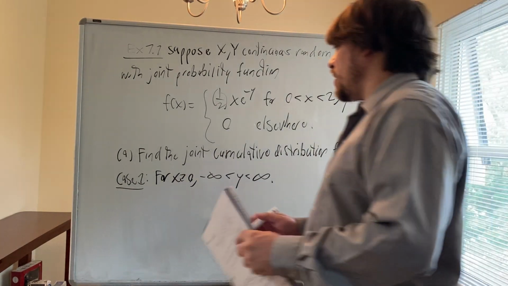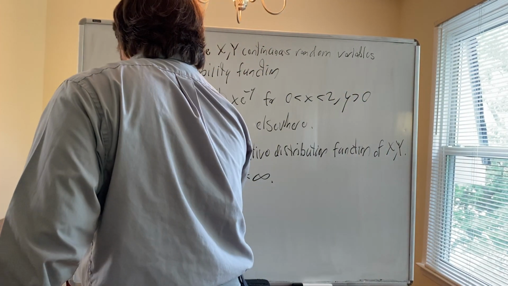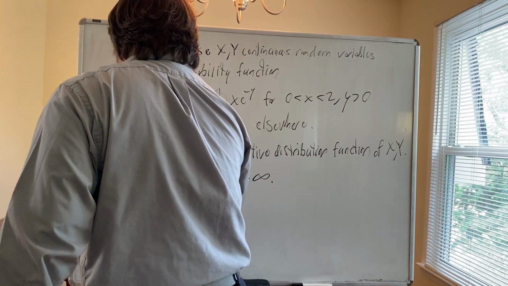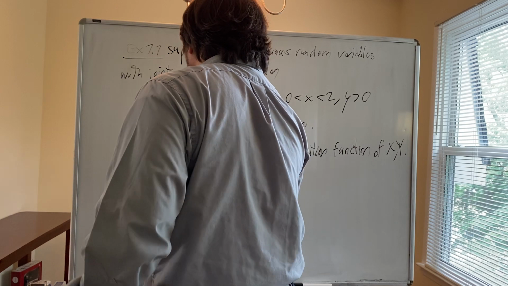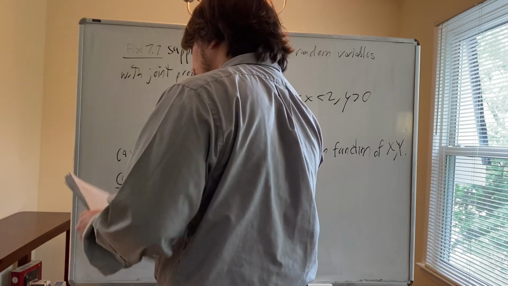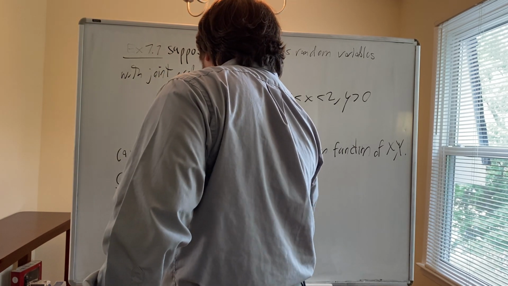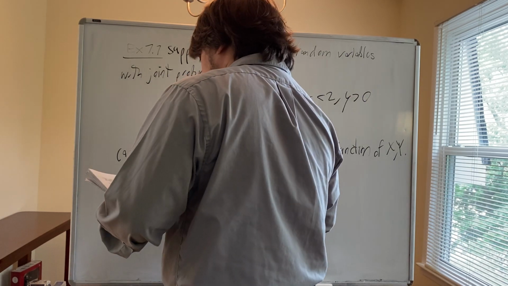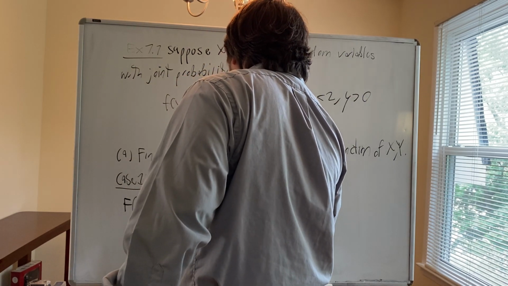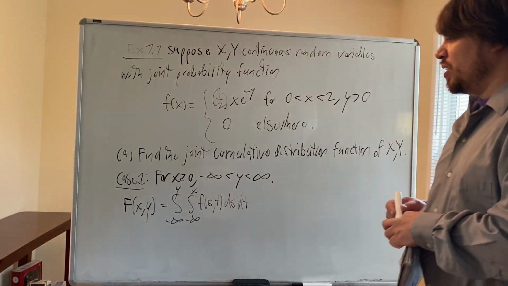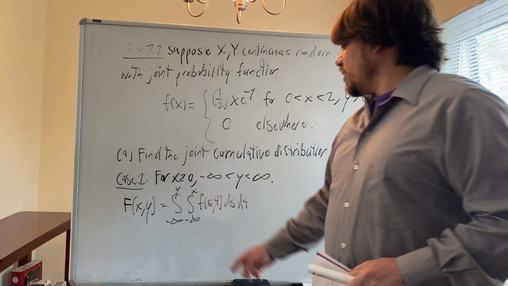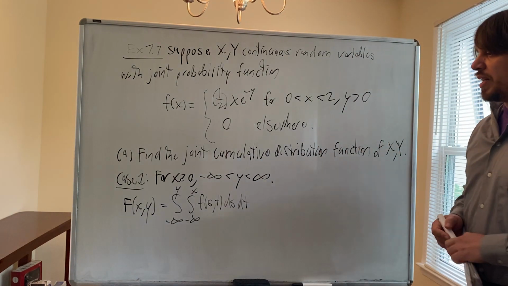So let's find the joint cumulative distribution function of x and y for these x and y. Capital F of x comma y, by the definition, is equal to the integral from negative infinity to y, negative infinity to x, of little f of s comma t ds dt. Here s is a dummy variable for x and t is a dummy variable for y.